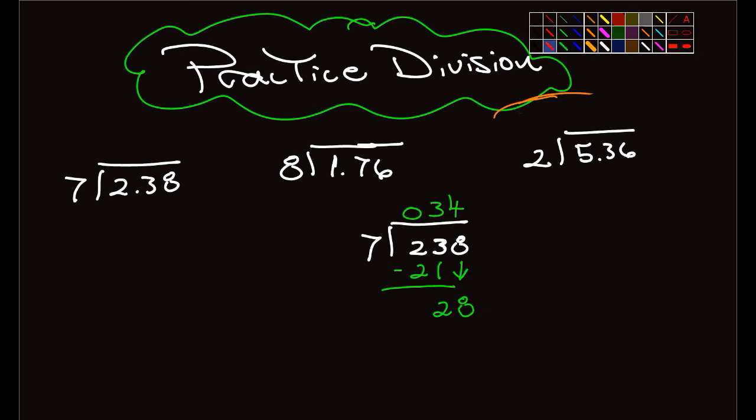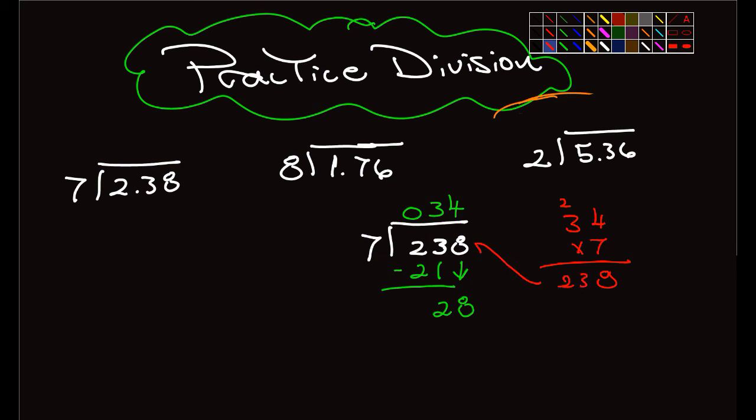Now, I could check to see if that's right. Do you guys know how to check to see if you got it right? You multiply what you're dividing by, by what your answer is. What's 34 times 7? What's 4 times 7? 28. Carry the 2. What's 7 times 3? 21 plus 2 more is 23.